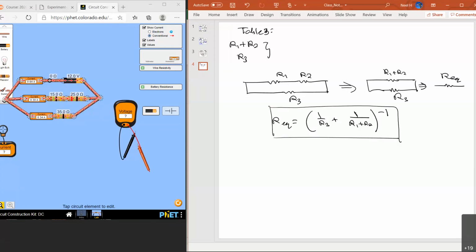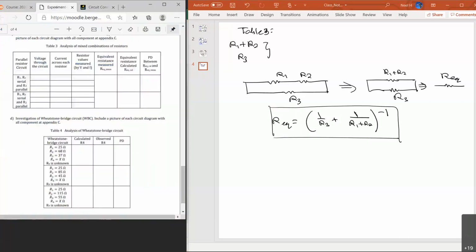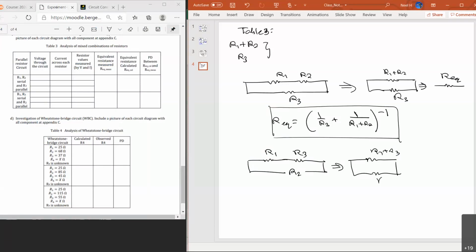Okay. And then later in case 2, it's asking R1 and R3 serial to each other, and R2 now parallel with them, which means again R1 and R3 will add together, then R2 parallel with that.